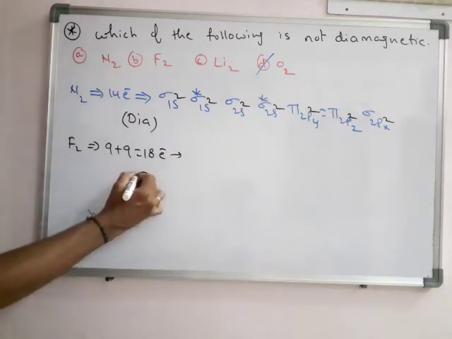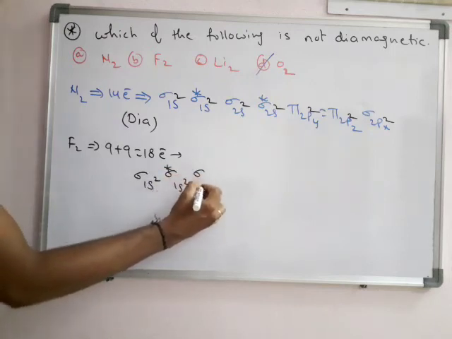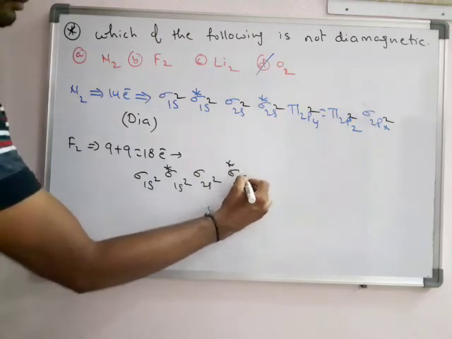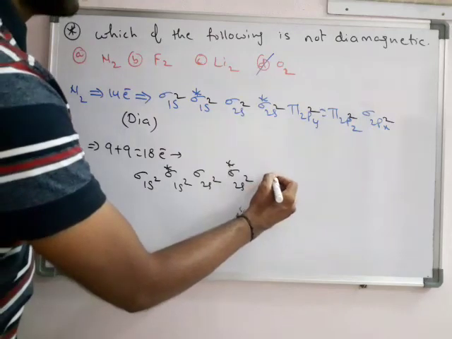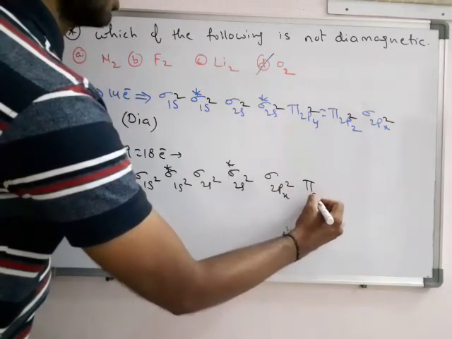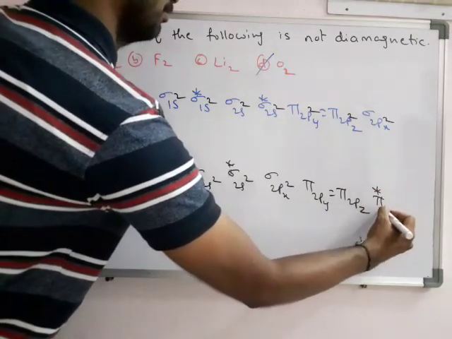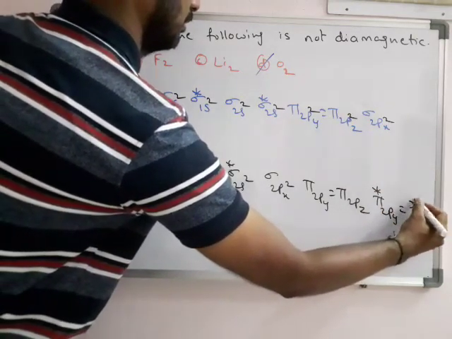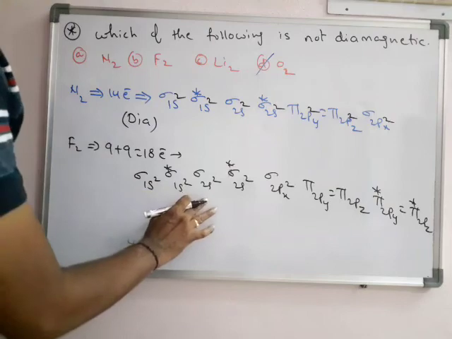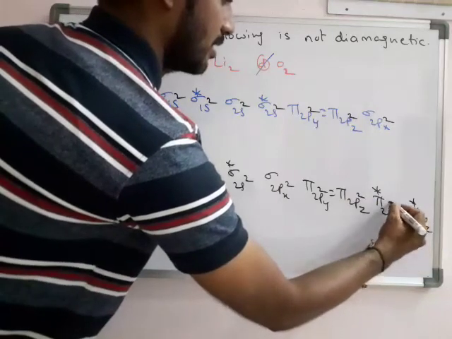Above the 14-electron configuration: first sigma 2px, next pi 2py equal to pi 2pz, then pi star 2py, pi star 2pz. Filling 18 electrons: 2, 4, 5, 6, 7, 8, 9, 10, 13, 14, 15, 16, 17, 18.